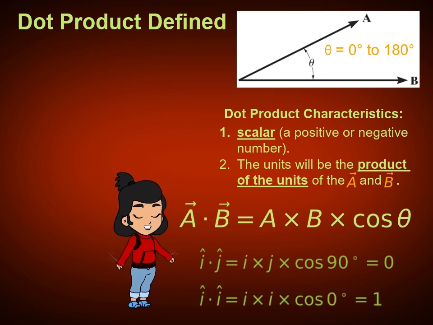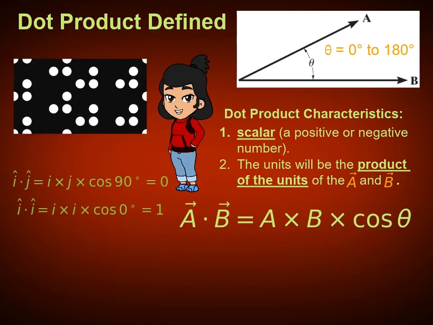However, when the angle between the 2 unit vectors is equal to 0, the cosine of 0 is equal to 1. Therefore, i dot i is equal to 1 times the cosine of 0, or 1.